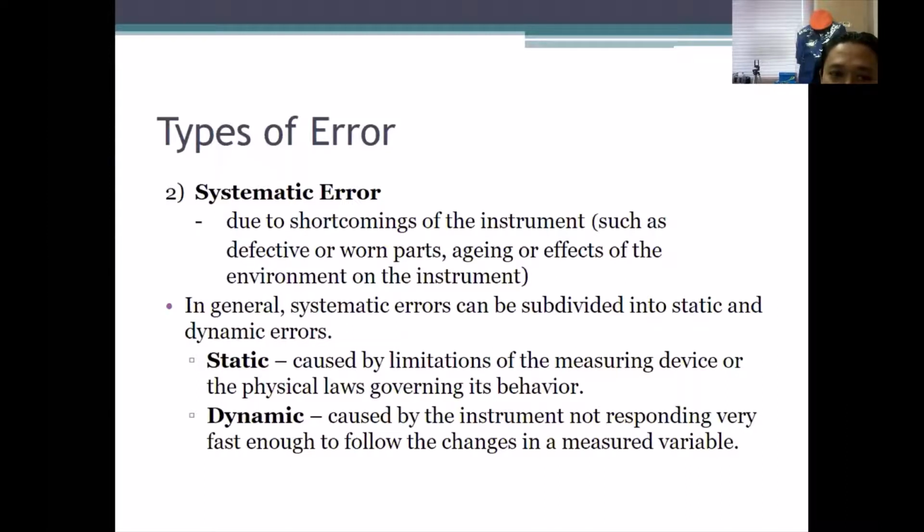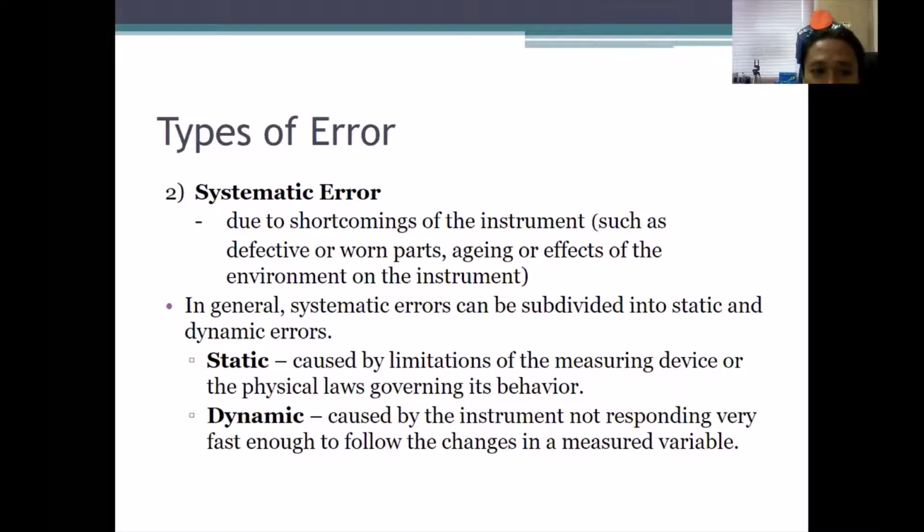That's why we have to know this, which we call the systematic error based on the instrument itself. Inside the instrument, we may have mechanical, electrical, and electronic parts. One factor is a defect in the components inside the instrument, or the aging, the lifetime, the cycle of the mechanical part, for example.